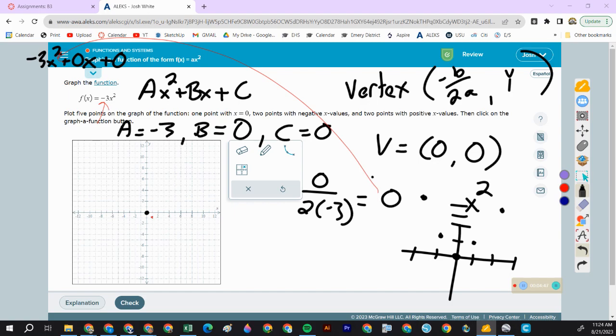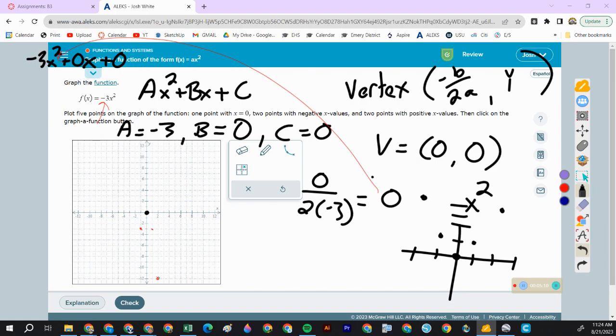But in this case, it's going to be over 1, down 3. So over 1, down 3, over 1, down 3. And then over 2, it's normally over 2, down 4, but in this case it's going to be 12. So over 2, down 12.